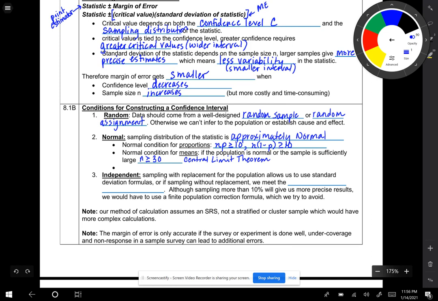And our last condition is our independent or 10% condition. Sampling with replacement from the population allows us to use the standard deviation formula. But if we are sampling without replacement, we must meet the 10% condition for independence.